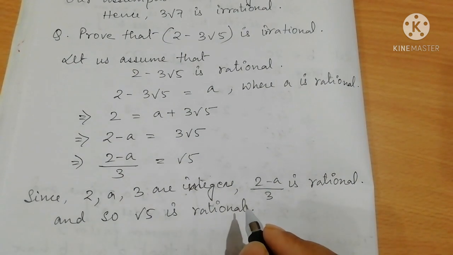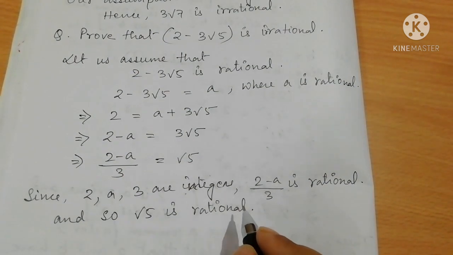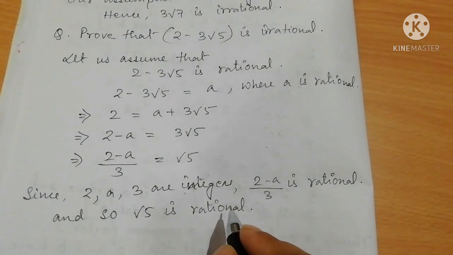But we know that root 5 is irrational, isn't it?